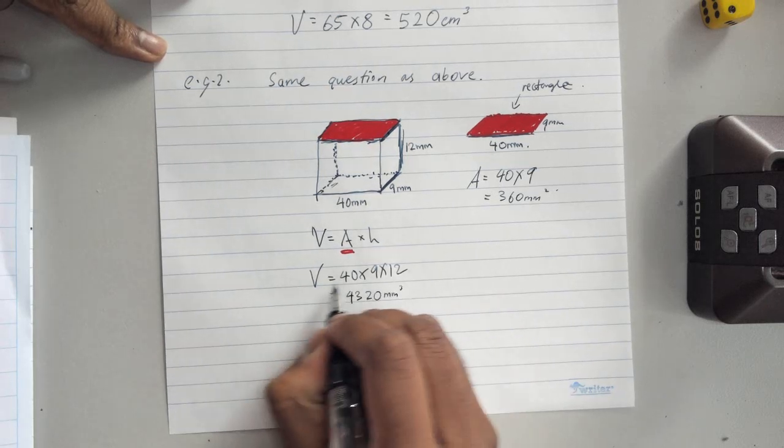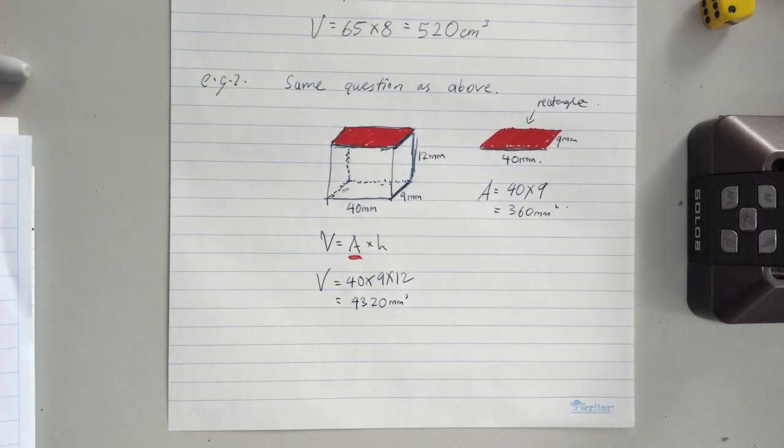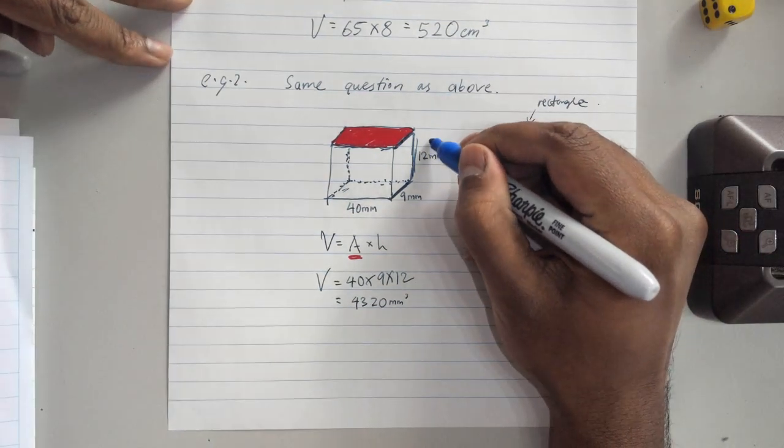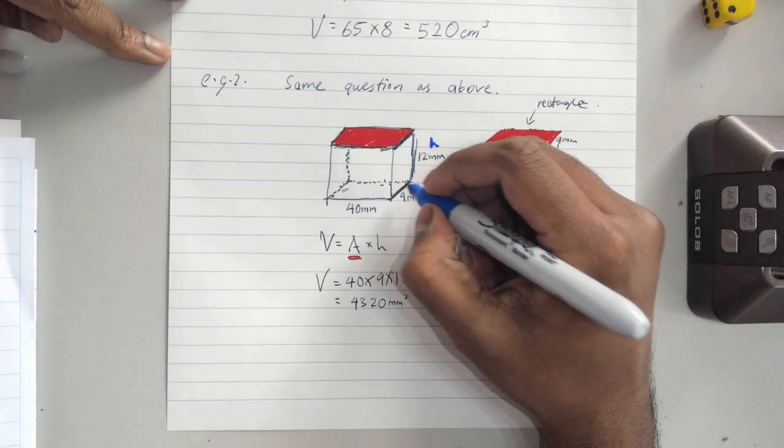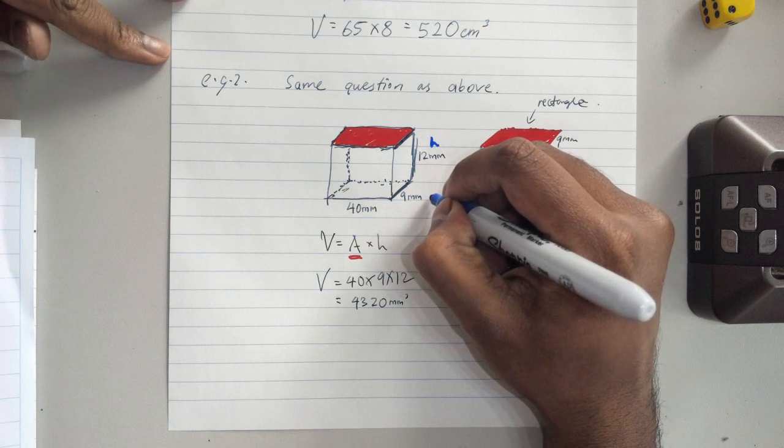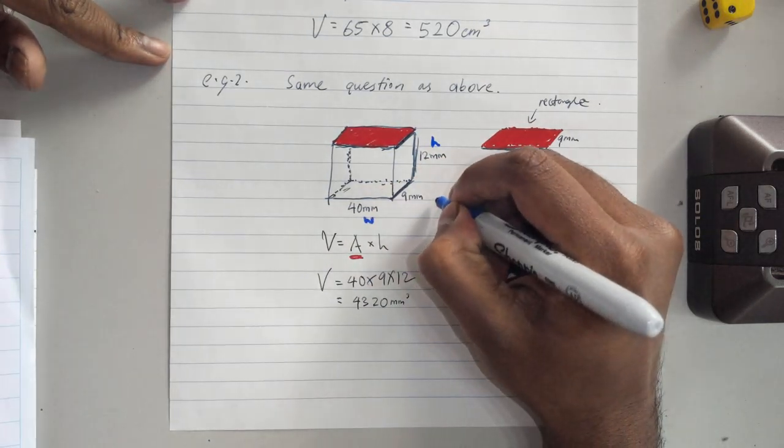Now what do you notice about these three numbers? Well, this is actually the height of the rectangular prism. This is the width, and that's the length.